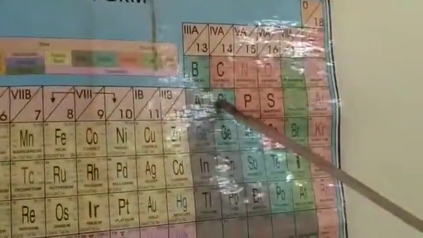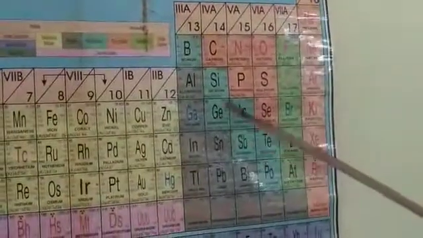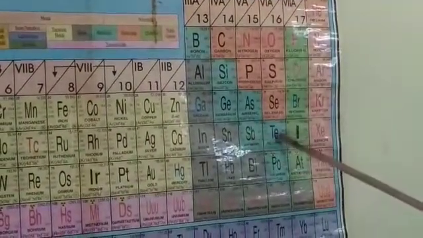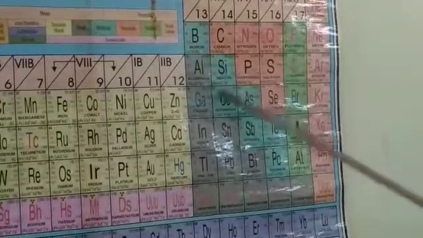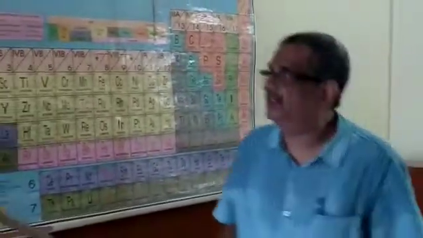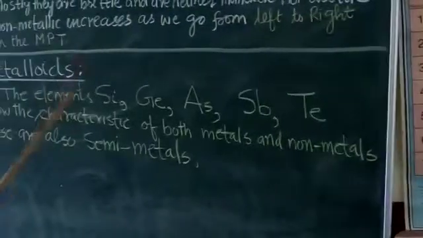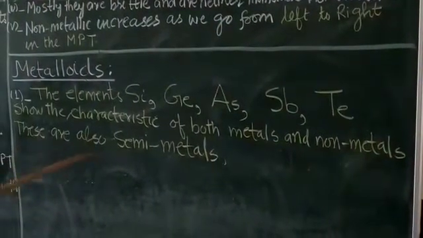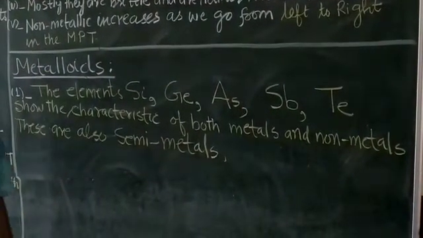Please see here: silicon, germanium, arsenic and Te, these are all on the zigzag line. This is called the zigzag line in the modern periodic table, and these are known as metalloids. One more term we employ, these are also called semi-metals.